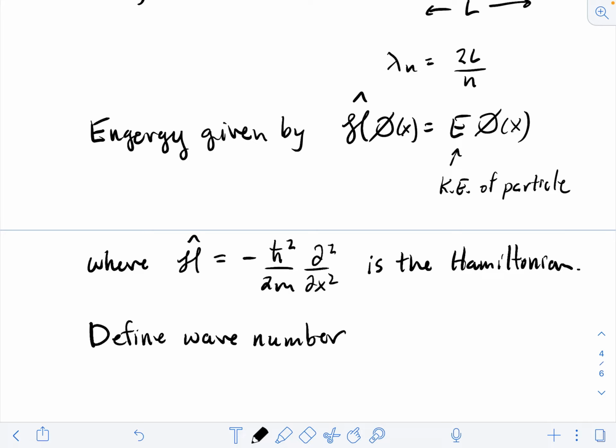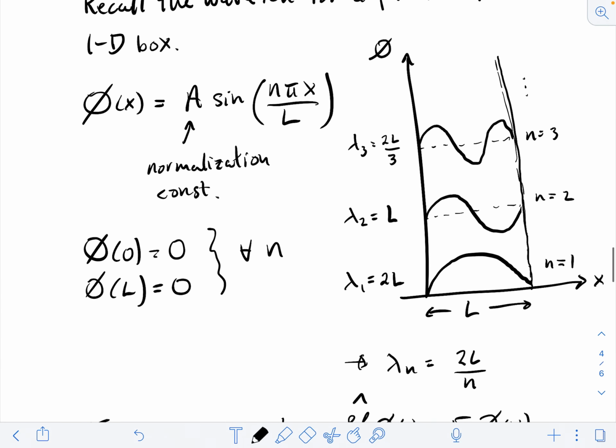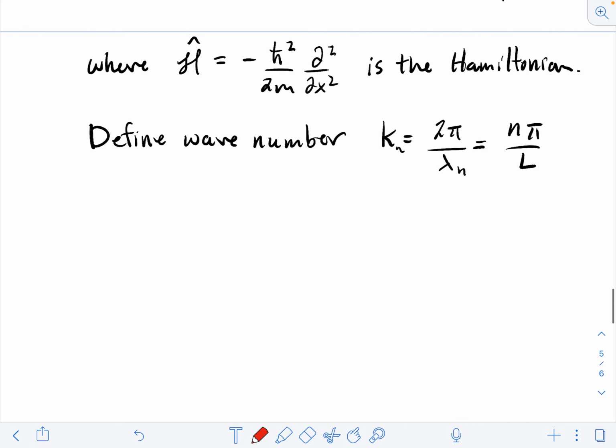Okay, good. So what I'm going to do next is define a useful quantity, as we'll see soon, the so-called wave number, or k. We're going to define the wave number to be 2 pi over lambda n. And we could even put a little subscript on there. And using lambda n is 2L over n, we could write this as n pi over L. And so then inside of our wave function we have n pi over L, and so we can write our wave function as a sine kx.